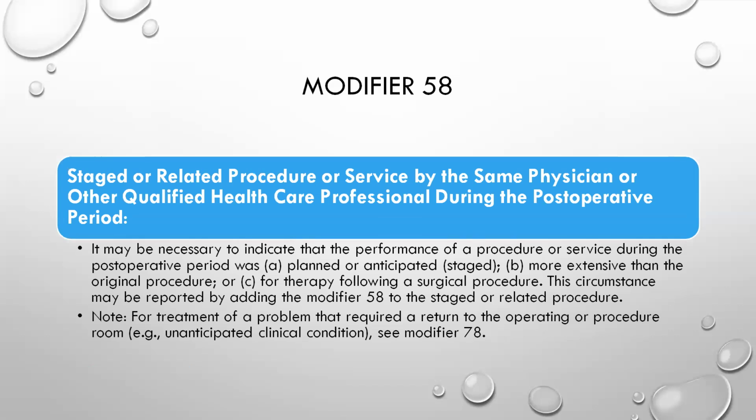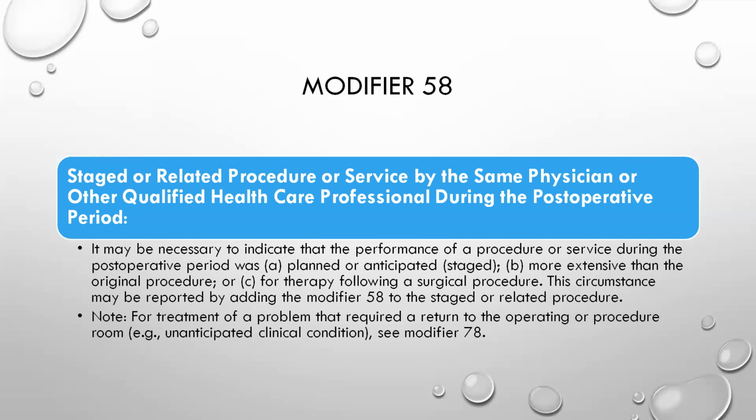So modifier 58 is a procedure modifier. This is something that you are going to append to the procedure, not the E&M service. So this is a staged or related procedure that is performed by the same physician or other qualified healthcare professional during the post-operative period.